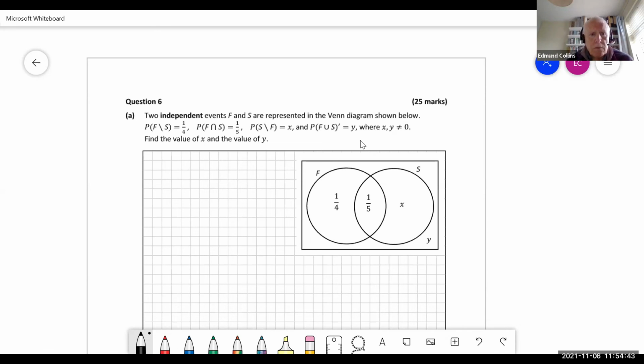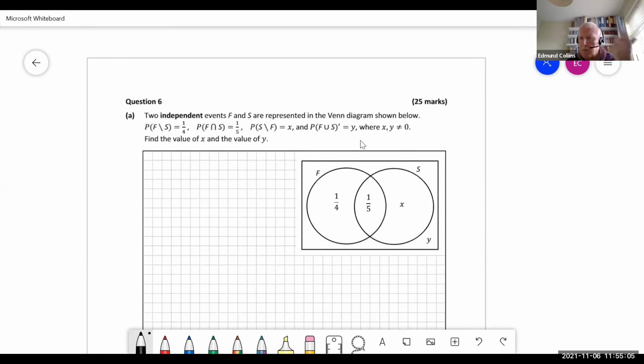So, as always, very important to read the question, underline keywords, spend your time with it, and then move into solving the question and working through the steps. So these are two independent events.